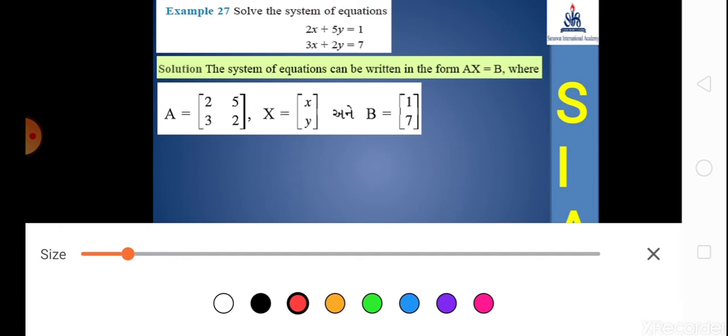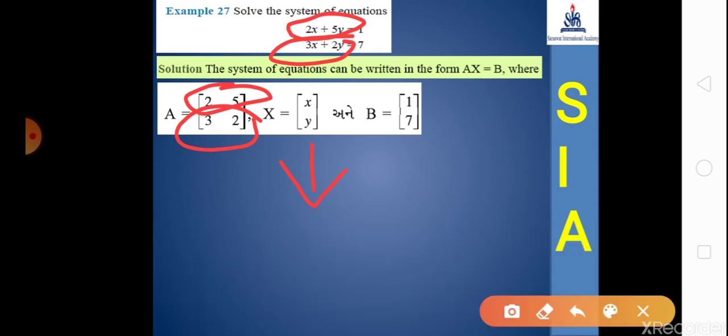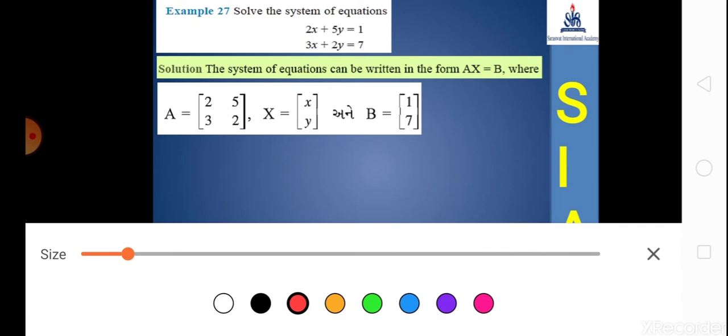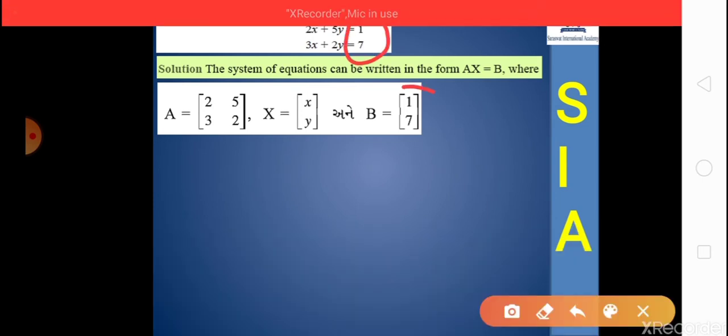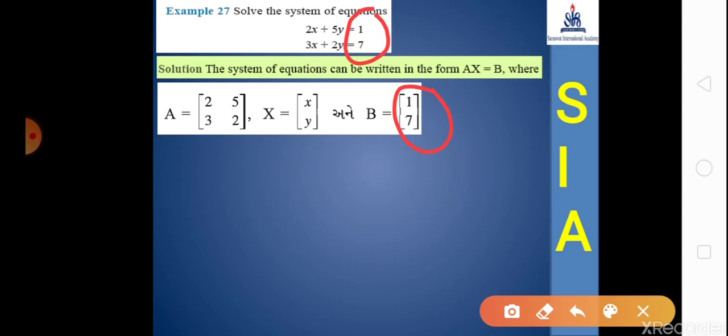Students, 2 5 is the first row, similarly 3 2 is the second row, and X is x, y in a column. The right side values 1 and 7 go in matrix B.